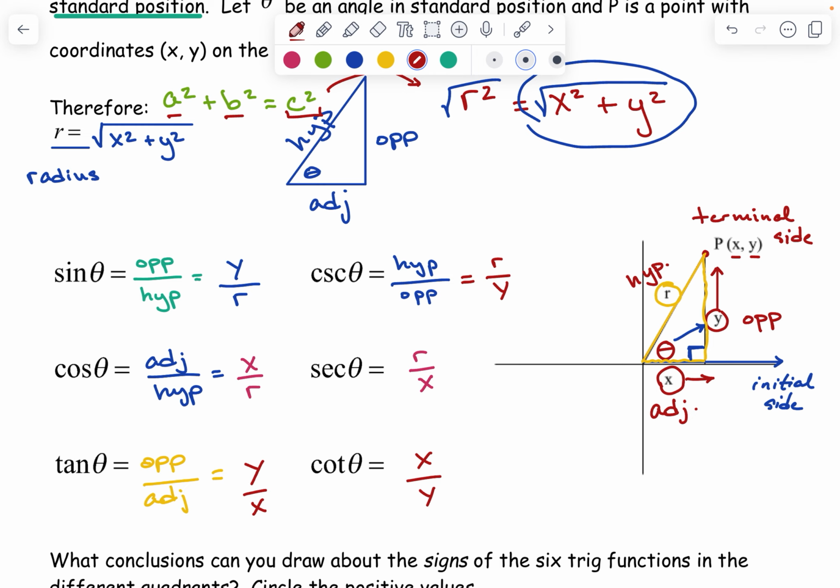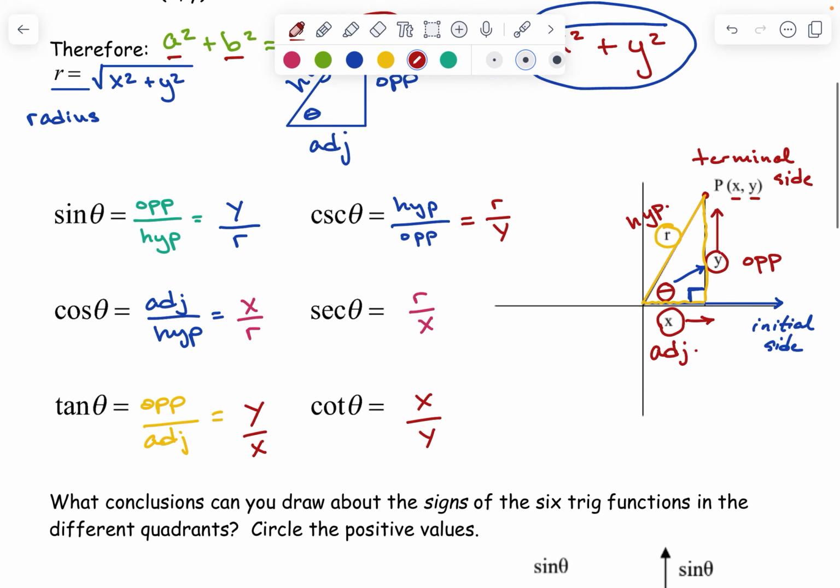As we move forward, it might take some transitioning time to go from saying SOHCAHTOA, opposite and hypotenuse. Those things aren't wrong, but we want to start thinking about it in terms of x and y's on a coordinate plane.